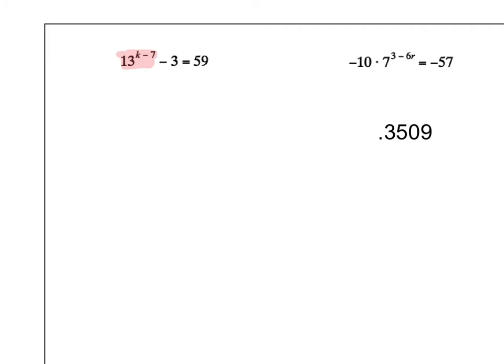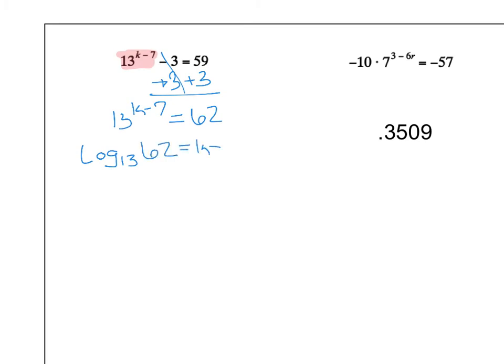So I'm going to start by adding this 3 to both sides. So I have 13^k minus 7 equals 62. Now I can rewrite this in my logarithmic form. Okay, so I have log base 13 of 62 equals k minus 7.